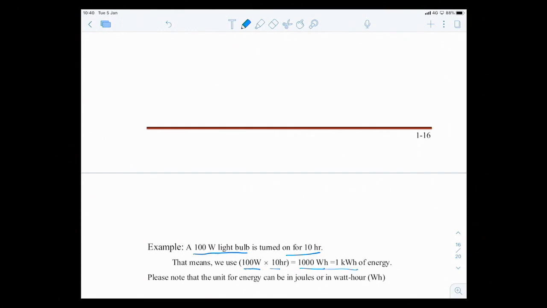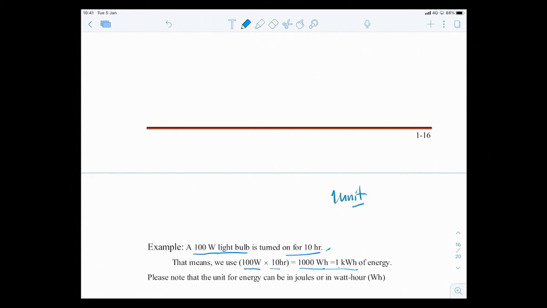So you're using 1 kilowatt-hour of energy when you turn on a 100-watt light bulb for 10 hours. We make it easier to understand. And of course in Thailand, you are being charged for the energy you are using. So therefore in Thailand it's like 1 unit.